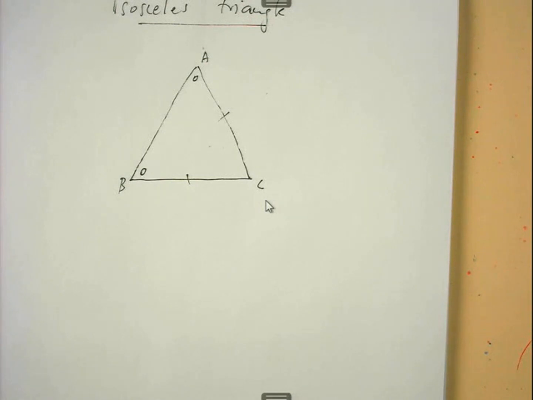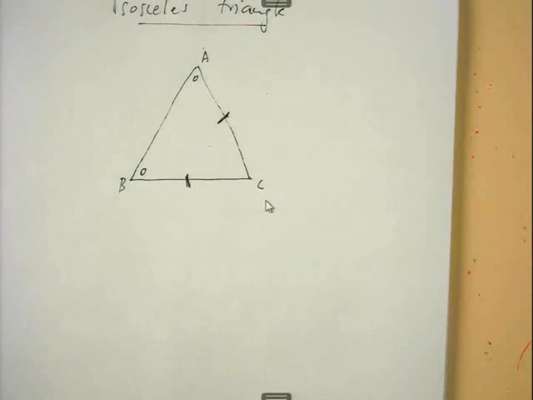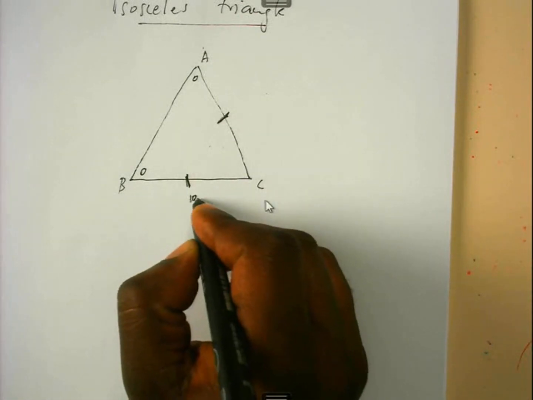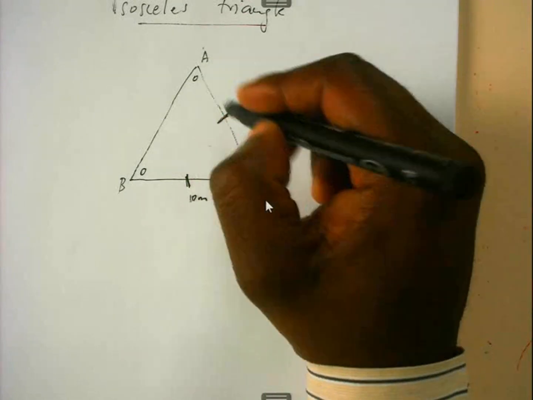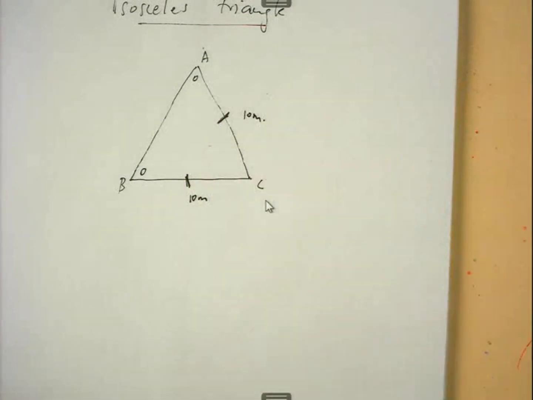In this triangle, look at this side. This side is equal to that side in length. It means that if side BC is 10 meters, how much is side AC? When you calculate it, it will also give you 10 meters. They are equal in length.